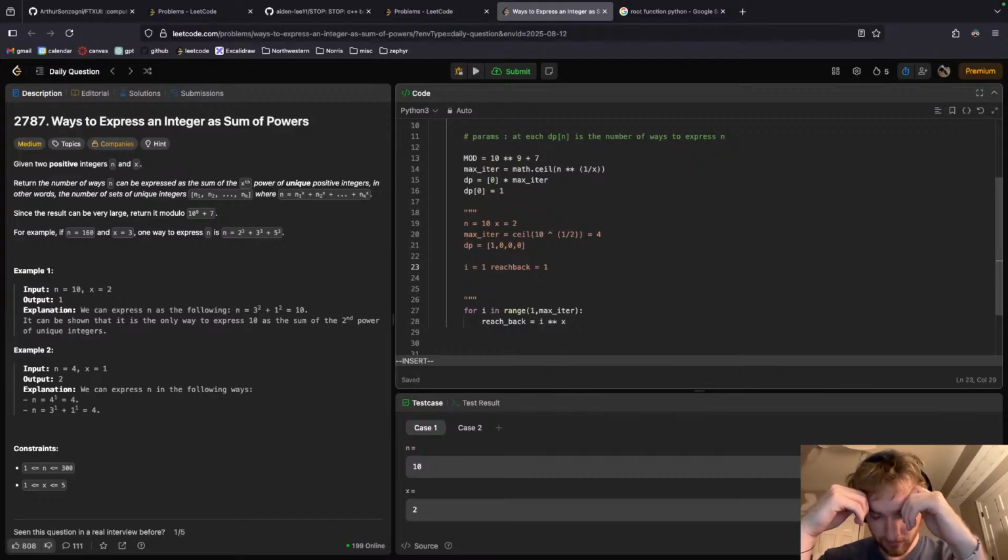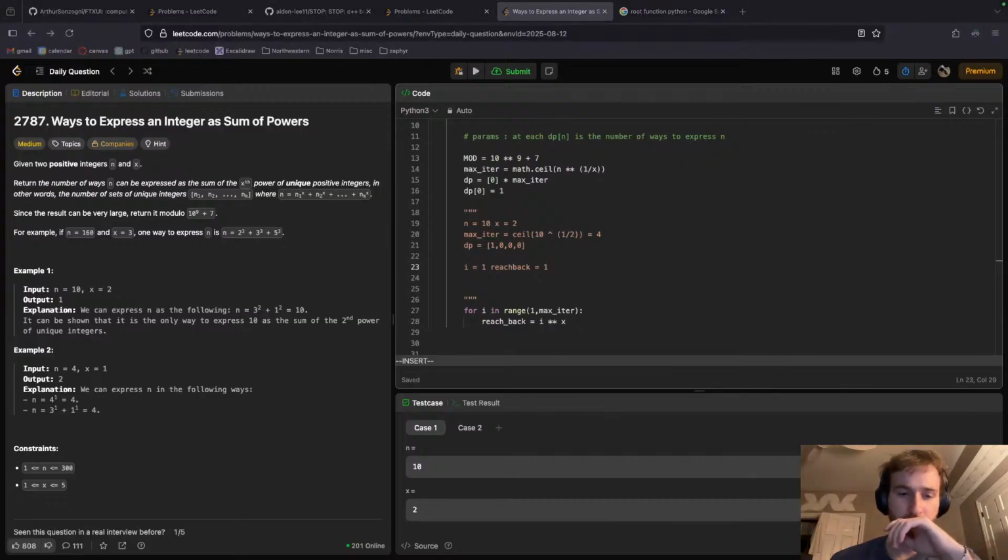So we need to start at the reach back, go up until max iter. Reach back maybe. Is that even right? I don't know.